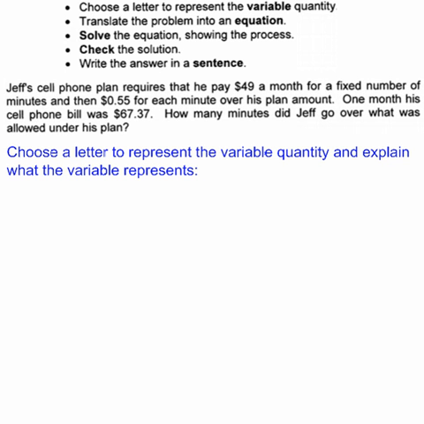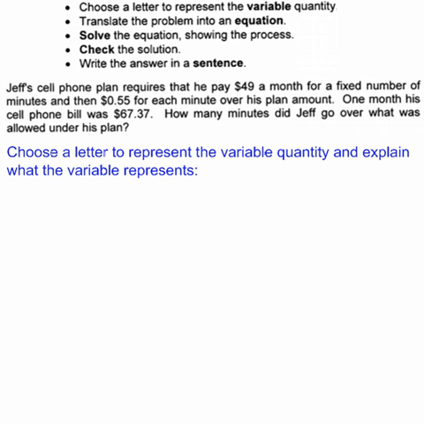It's a different problem that says Jeff's cell phone plan requires that he pay $49 a month for a fixed number of minutes and then 55 cents for each minute over his plan amount. One month his cell phone bill was $67.37. How many minutes did Jeff go over what was allowed under his plan? Again, there's no simple way to do this, but you think about what's happening here.